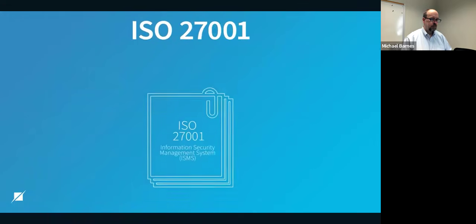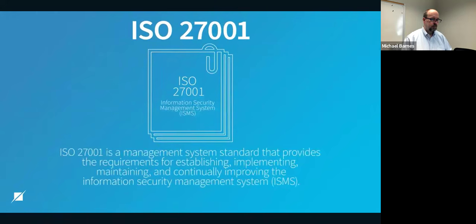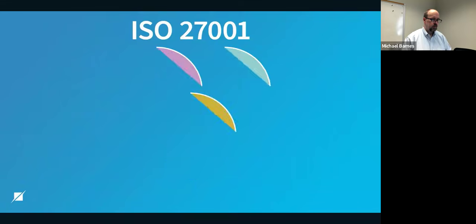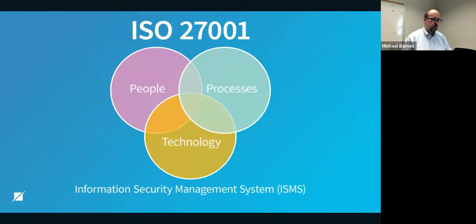I co-direct our ISO certification services practice and also oversee our Mountain and West Coast attestation services. ISO 27001 is a management system standard which provides the requirements for establishing, implementing, maintaining, and continually improving what's referred to as an information security management system, or an ISMS. Now, what's an ISMS, you might ask? It's a collection of people, processes, and technologies with the purpose of managing information security risk within an organization.